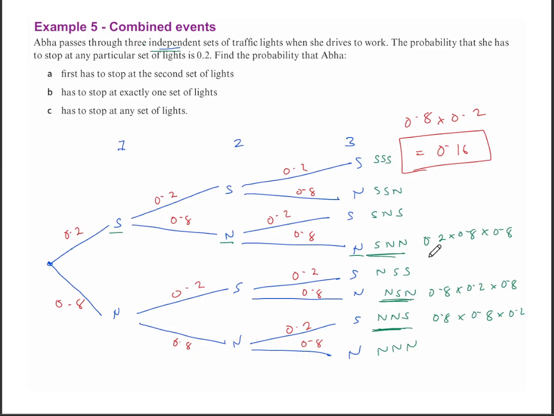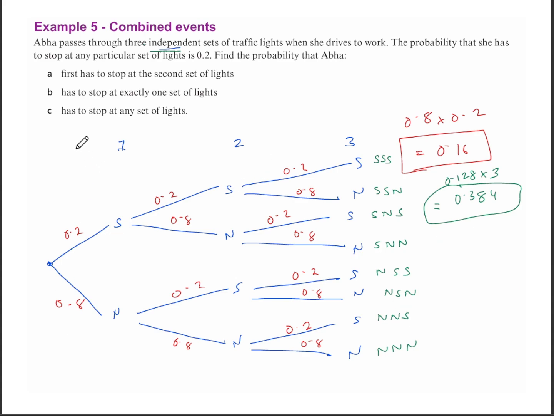And so what we will do is just add all of these together, because these three are the possible options that you have. It can be either one of them. And so what we get is 0.128 multiplied by 3, and we get 0.384. That's going to be your probability that she has to stop at exactly one set of lights.